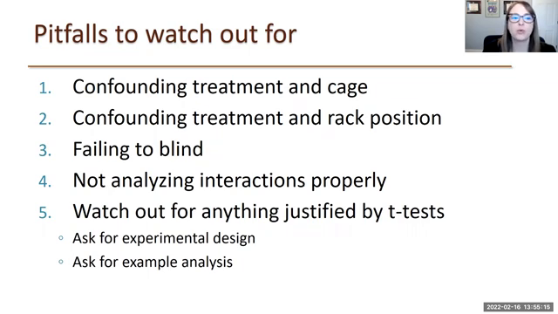These were great ways of testing our data back when we had to do this by hand, but we now have really powerful computers that can do really sophisticated analyses for us, so we should really be utilizing them. If you see something that's justified by a t-test, ask for the experimental design, ask for example analyses, to really get to the root of this.